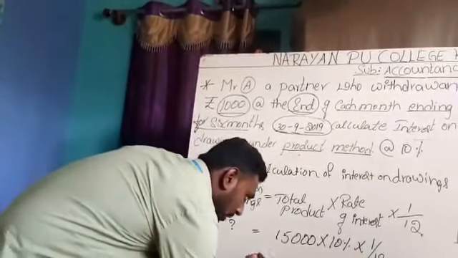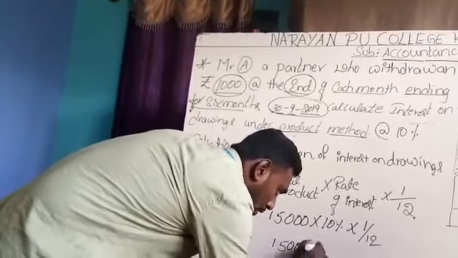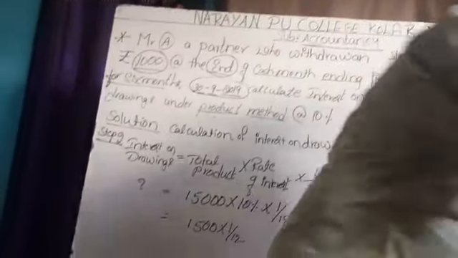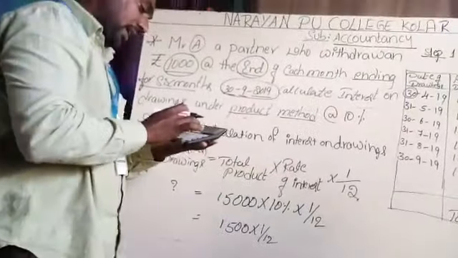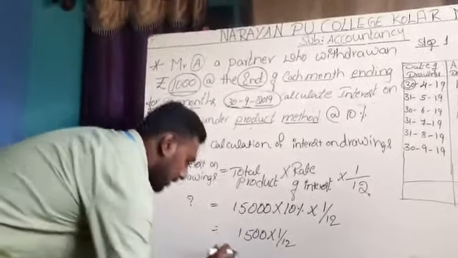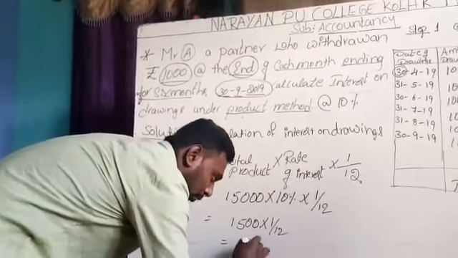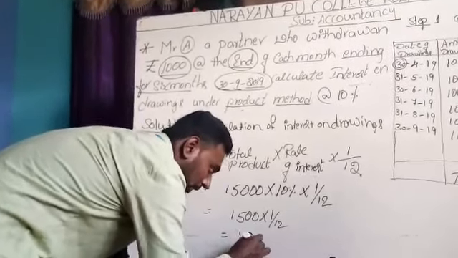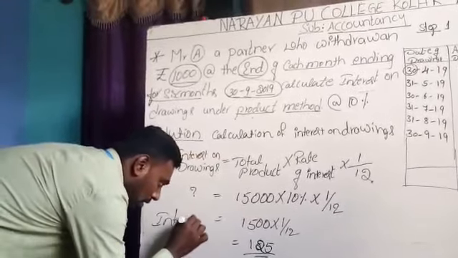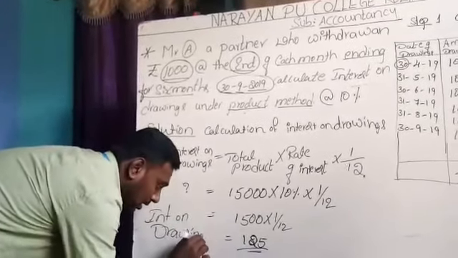So in step number 2, 15,000 into 10%, 1,500, into 1 divided by 12, we will get one value. 1,500 into 1 divided by 12. So we will get one value. Interest on drawings is equal to 125 rupees. 125 rupees is the interest on drawings.